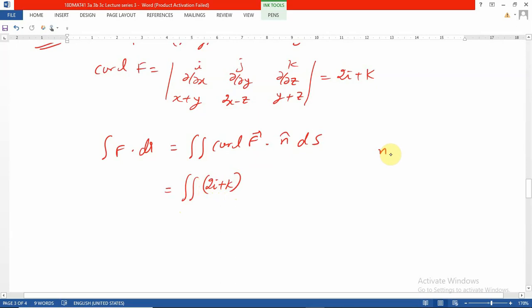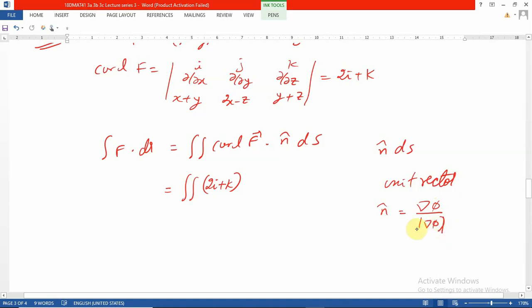Yes friends, n cap ds they have mentioned here, which is nothing but the unit vector. This unit vector formula you come across: n cap is equal to del phi divided by modulus of del phi.